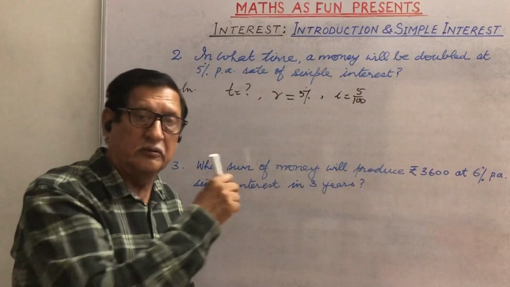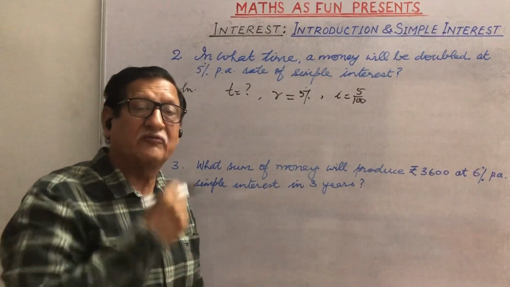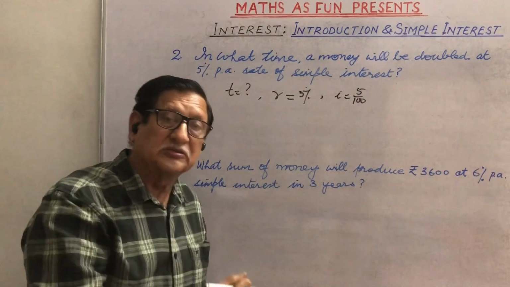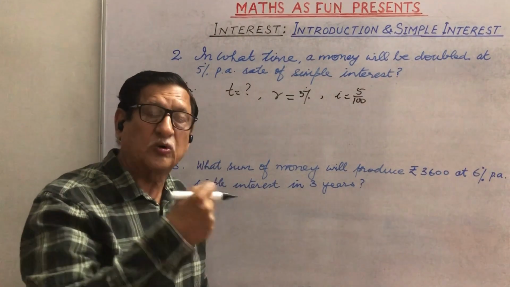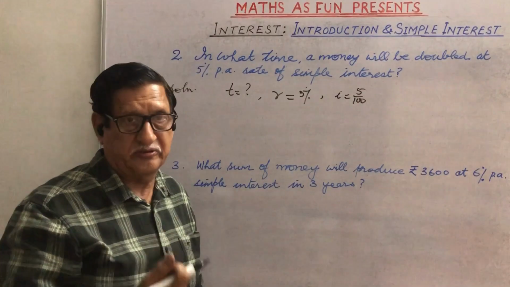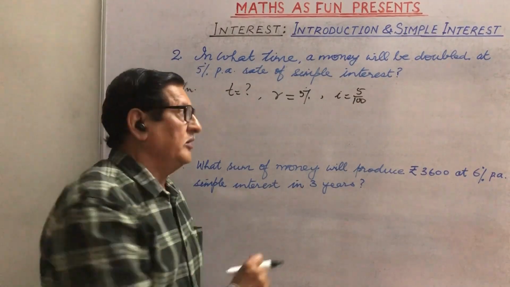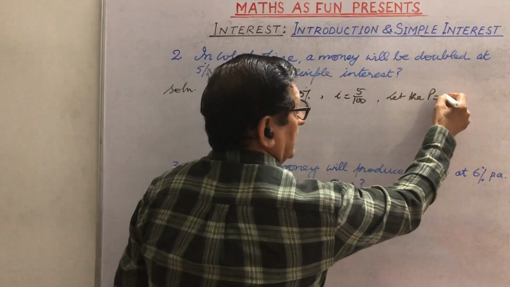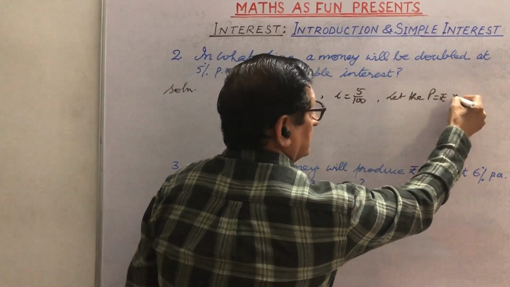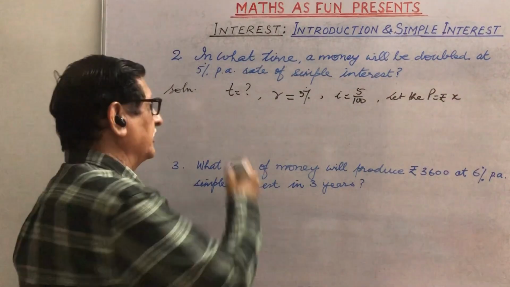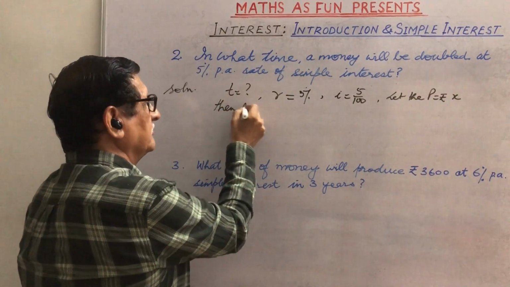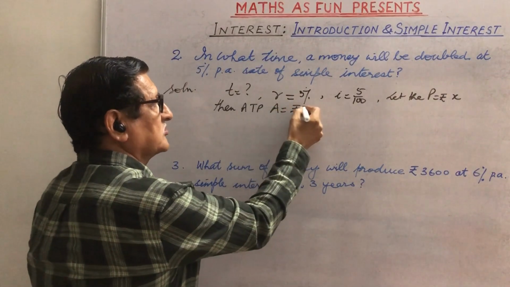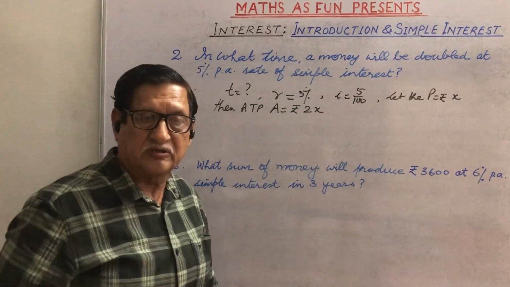Then principal, we are not given, and we are given that money should be doubled. So we can consider the principal as X or 100. Here suppose we take, let the principal be rupees X. Then according to the problem, we have that amount is rupees 2X, double of itself.